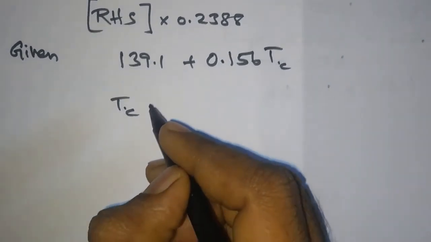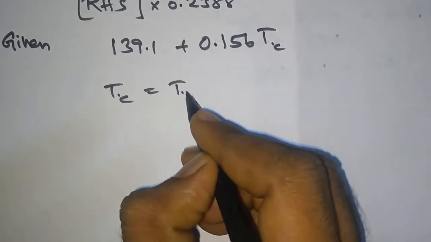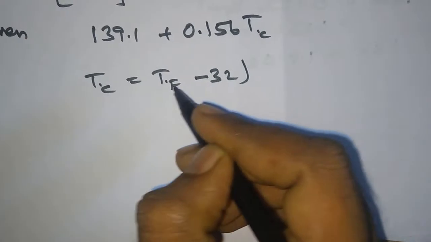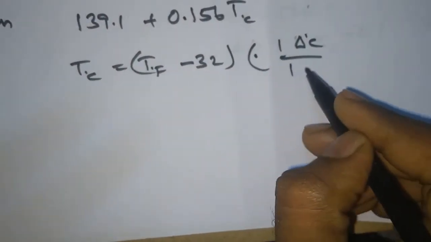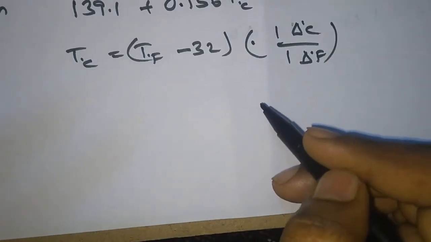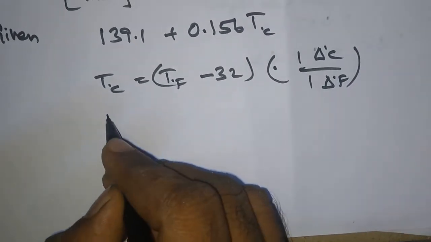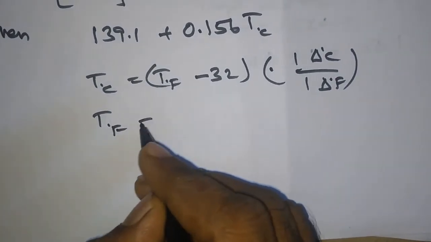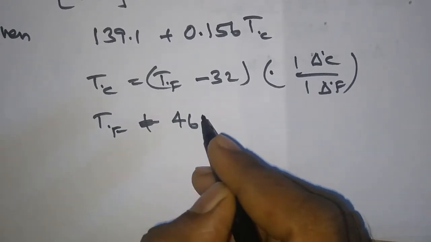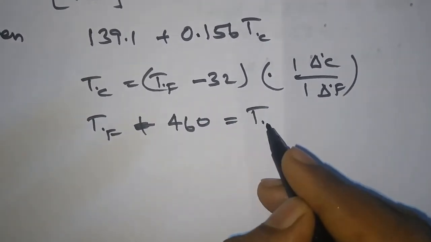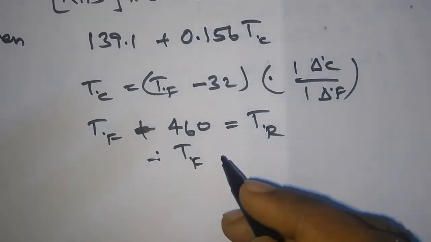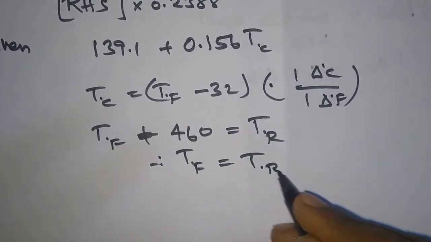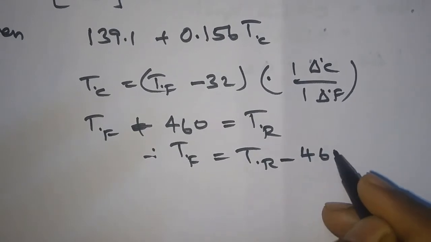We know temperature in degree Celsius is equal to temperature in degree Fahrenheit minus 32 into 1 delta C by 1 delta F. Also we know that temperature in degree Fahrenheit plus 460 is equal to temperature in degree Rankine. Therefore temperature in Fahrenheit is equal to temperature in degree Rankine minus 460.